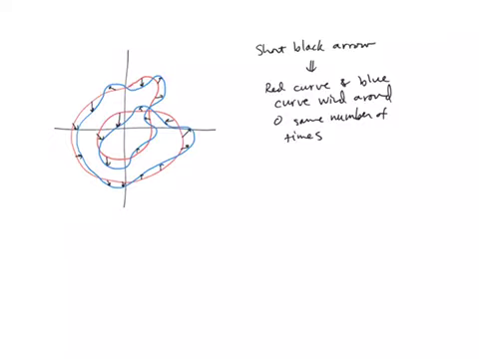And so the way we're going to apply this is that the red curve is going to be some analytic function f applied to a typical curve gamma in the domain of f, and the blue curve is going to be g composed with gamma.